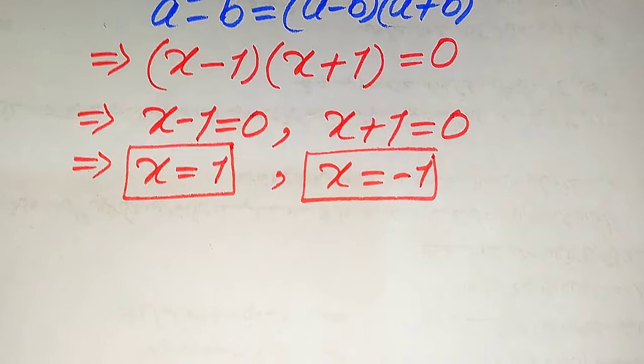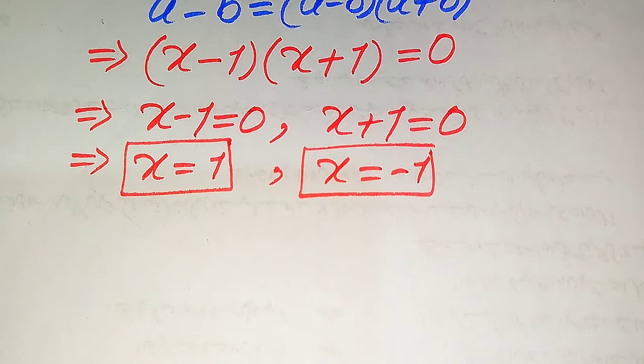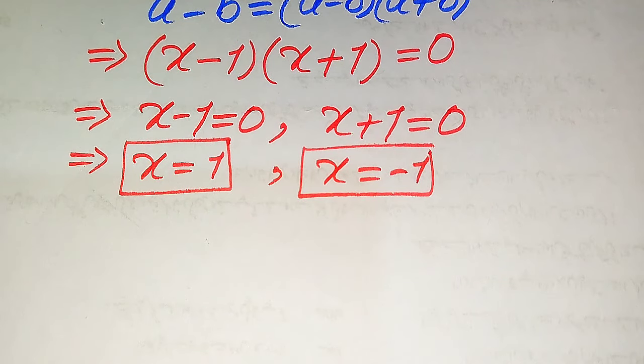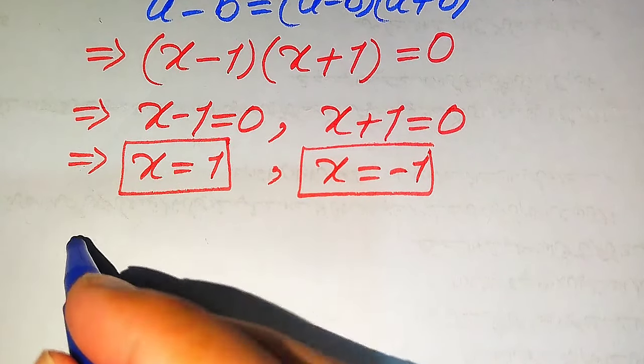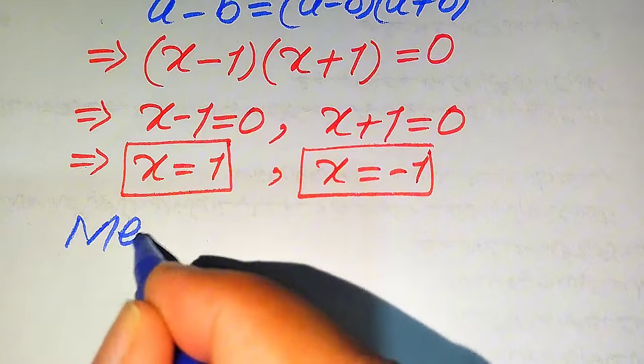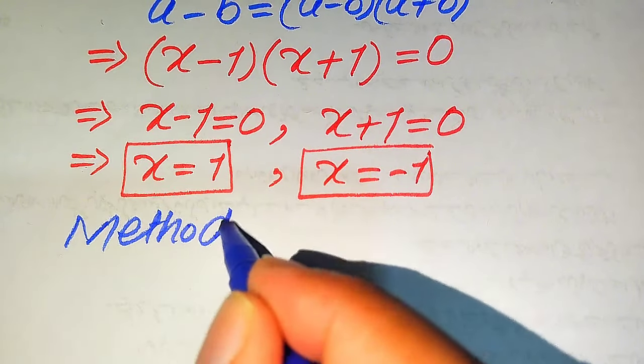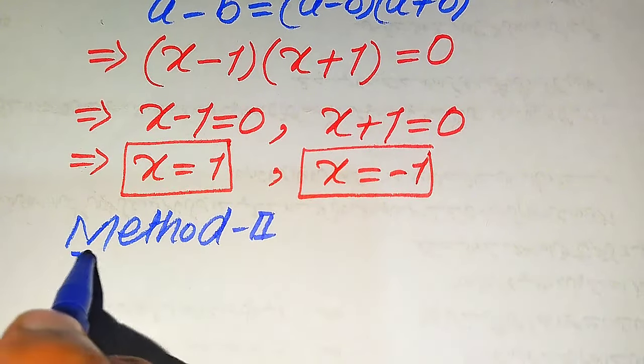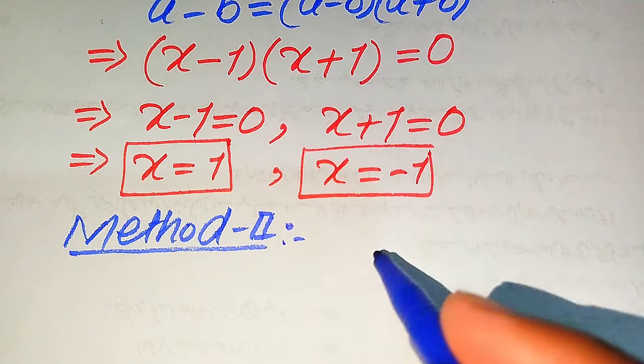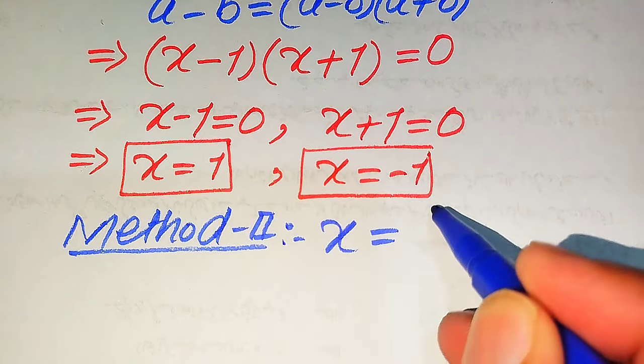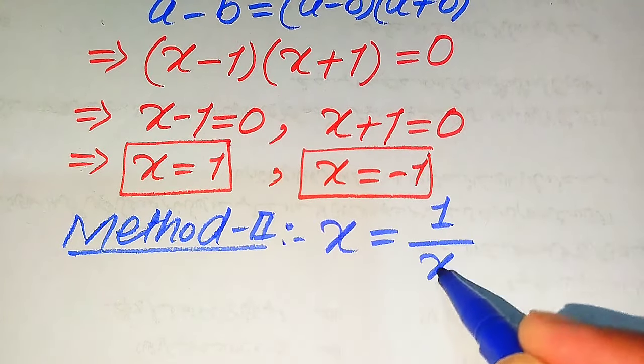So in the first method we get two values of x. In the next steps we solve this problem by the second method, and for the second method we copy down the given question statement, which is x equals 1 divided by x.